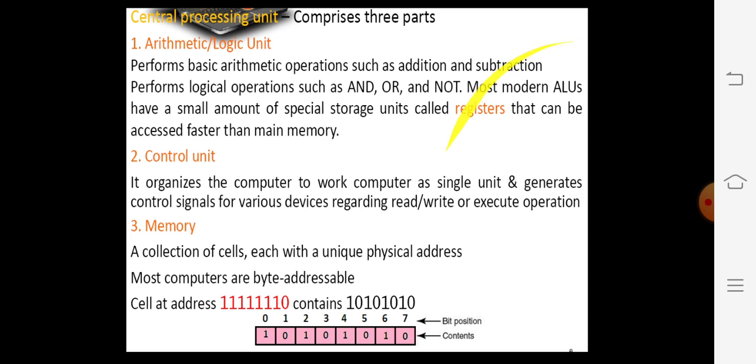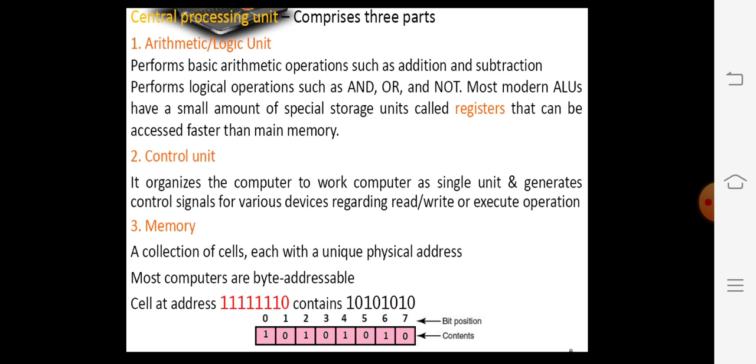Then the central processing unit comprises three parts. The first one, arithmetic and logical unit, performs basic arithmetic operations such as addition, subtraction, and logical operations like and, or, not, that is multiplication, subtraction or addition, or toggling 0 to 1 or 1 to 0.